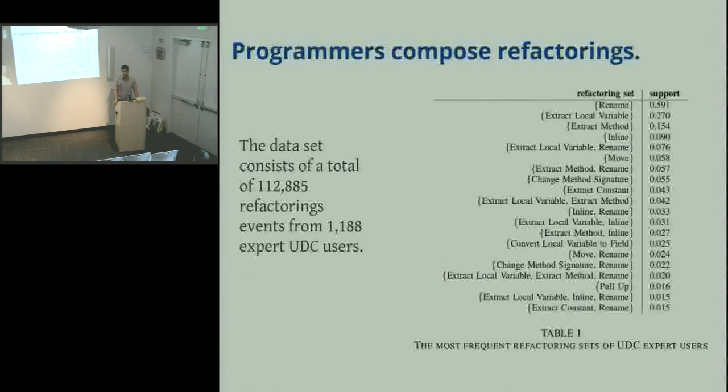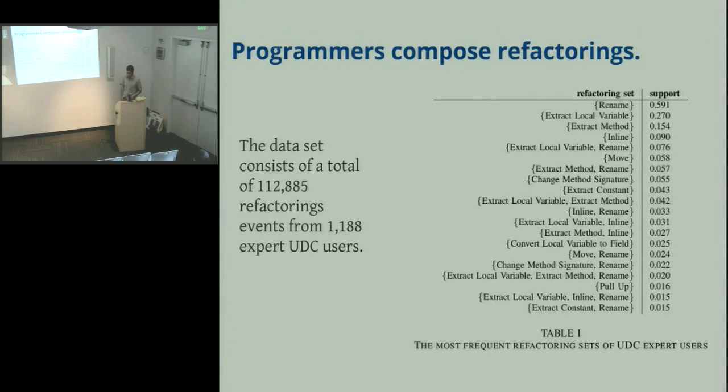We took the refactoring events and picked a time window of 10 minutes. We put all the refactorings that were invoked within this time window in a single set, and then we ran a data mining algorithm to find the most frequent sets of refactorings in this data. Here you can see the table that lists the most frequent sets of refactoring.